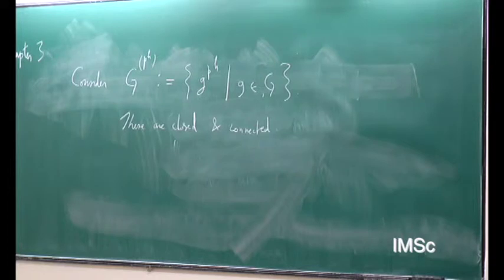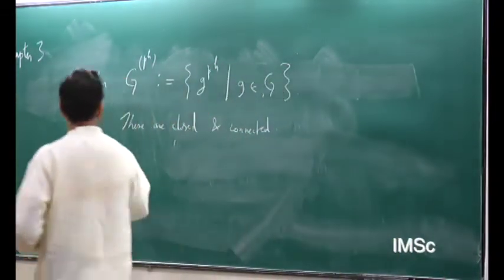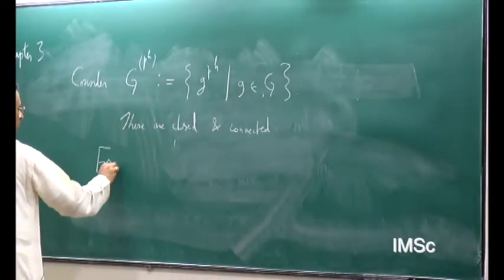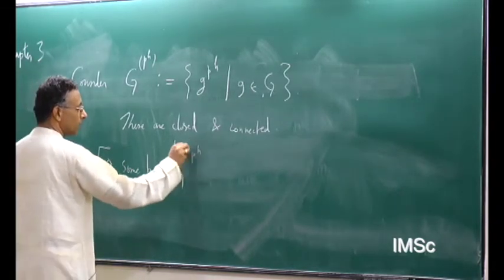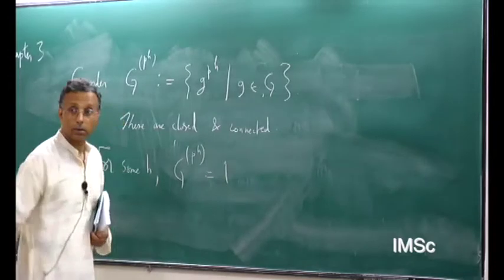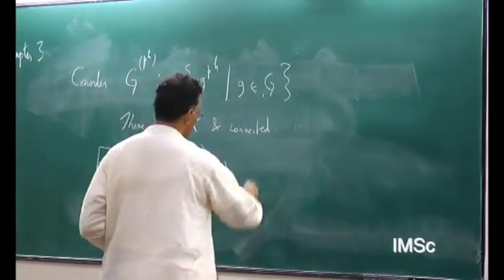So let's put here, actually not every element has, it's more than that. What I know is that for some h, G to the P to the h is 1, by above.